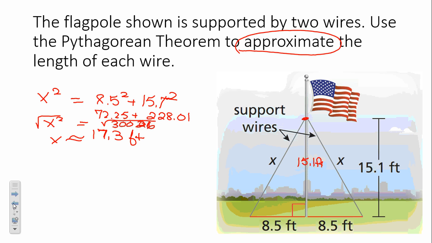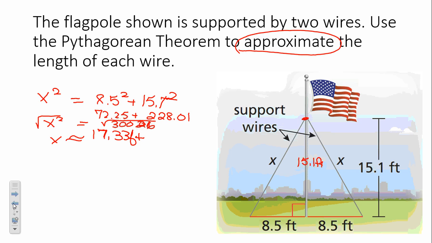So when we add that to the 72.25, we do get 300.26 and then the square root. So something in your calculator wasn't quite right. It should be 17.33 if we go to the hundreds place. All right, I'll come help you. There's something in your calculator that's not going in the right direction.